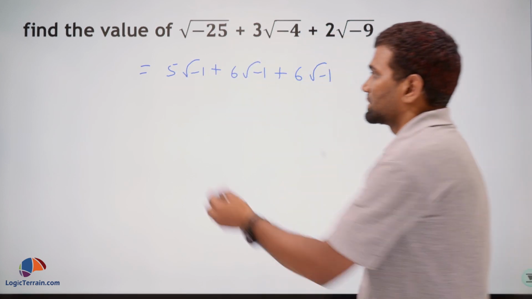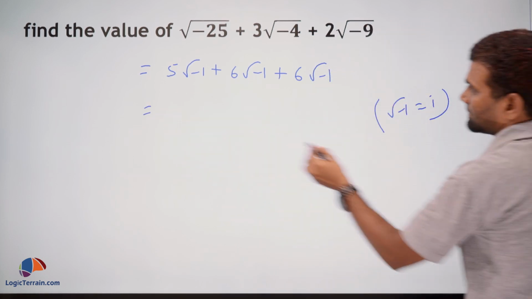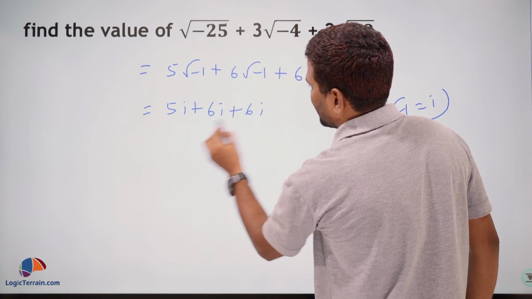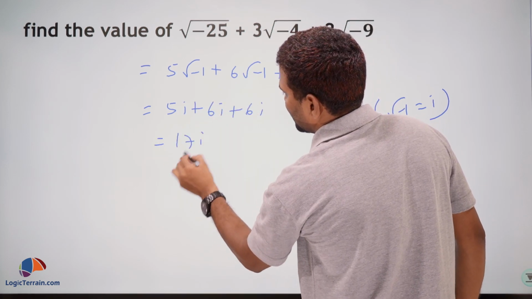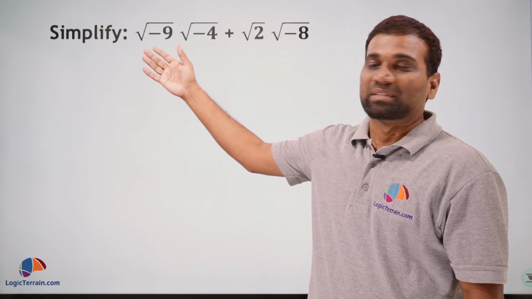Similarly the other terms. Replacing square root negative 1 with i, this becomes 5i plus 6i plus 6i, which is 17i. Clear?